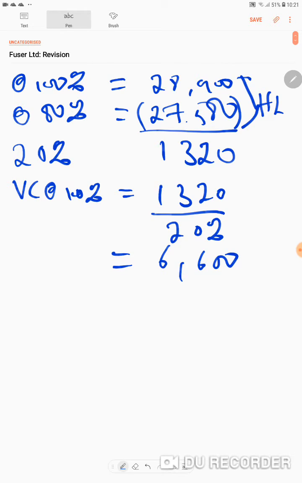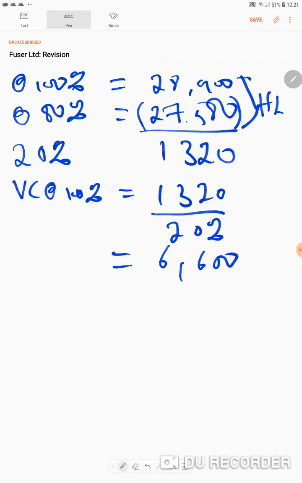Please note, at 100%. I'm sure some of you then automatically took this 6.6 as your variable cost you put in your income statement. But hold on, did we actually produce at 100%? So if you go back to note 3, it was clear that we did not produce at 100% capacity.